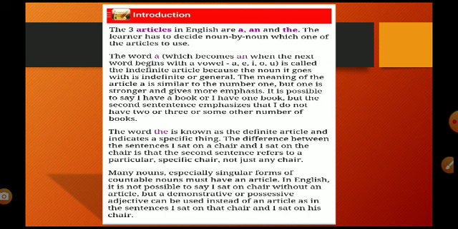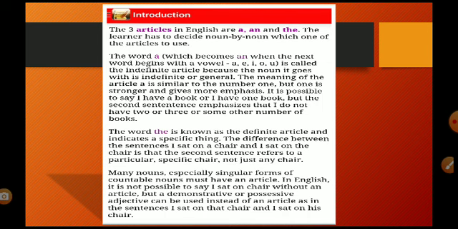The word the is known as the definite article and indicates a specific thing. The difference between the sentence I sat on a chair and I sat on the chair is that the second sentence refers to a particular or a specific chair, not just any chair.